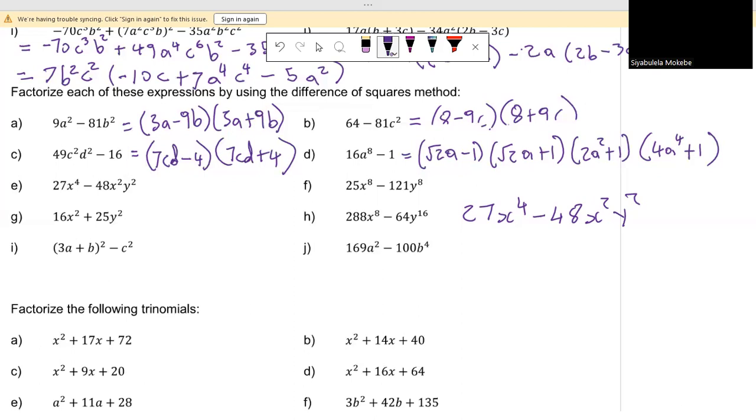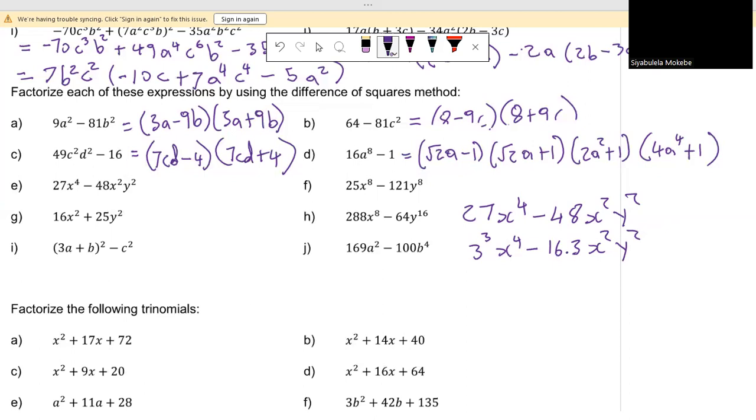Is there any? You notice that 27 is 3 to the power of 3. Then 48 is 16 times 3. So you can see that 3 is common.